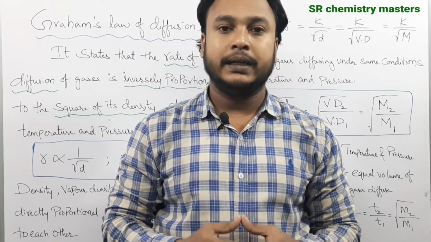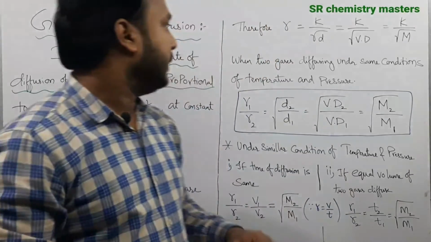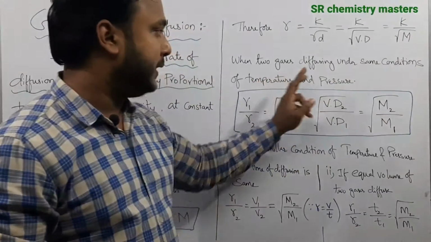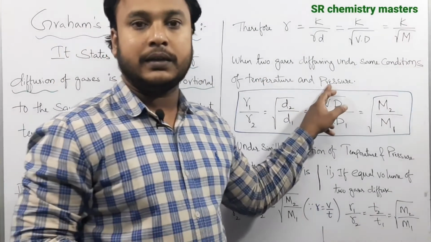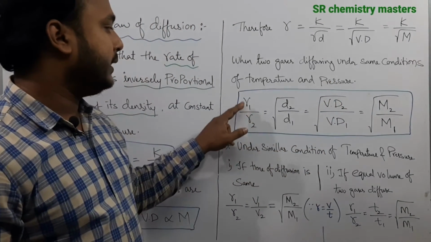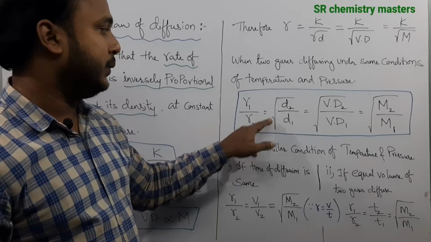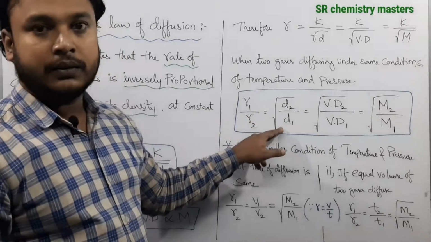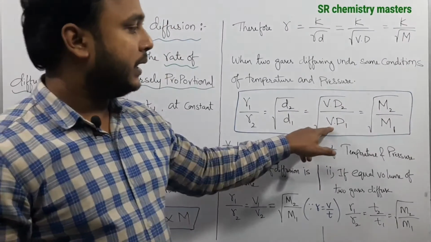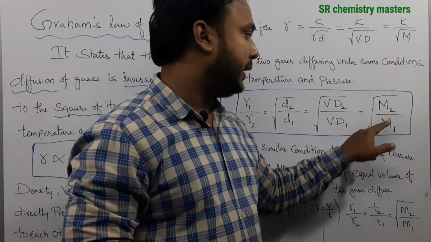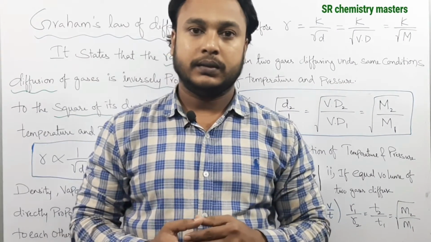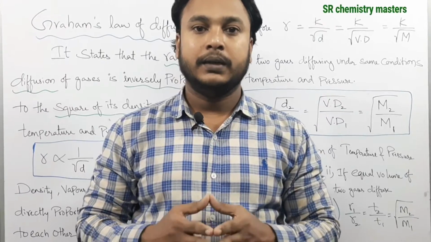And when you are seeing the rate of diffusion of two gases, when two gases are diffusing under the same conditions, that is the same temperature and pressure, then the rate of diffusion, that is R1 by R2, is equal to square root of D2 by D1, square root of Vd2 by Vd1, and square root of molar mass 2 by molar mass 1. Here 2 is the second gas and 1 is the first gas.